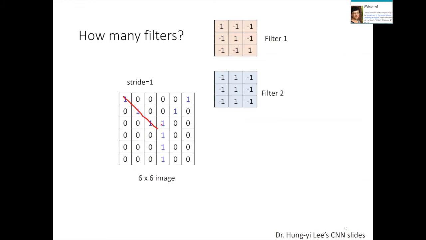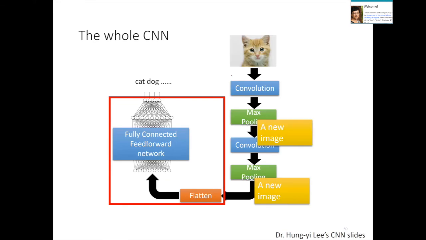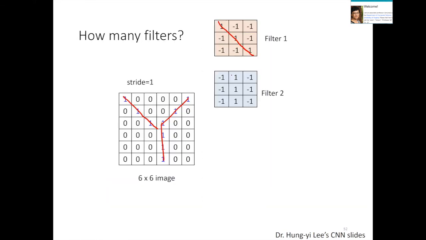One of the very important things you can ask is, how do I know how many filters, right? We said this first filter is trying to capture the stroke going from the upper left to the lower right. And then this filter 2 is trying to capture the perpendicular stroke from the upper to the lower. If I want to capture Y, just intuitively, I think I can just design another filter.